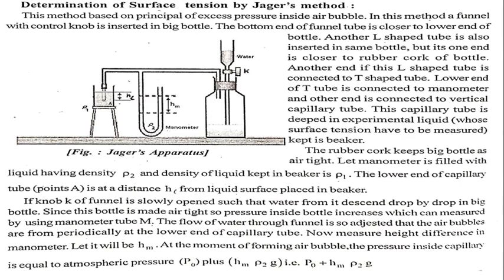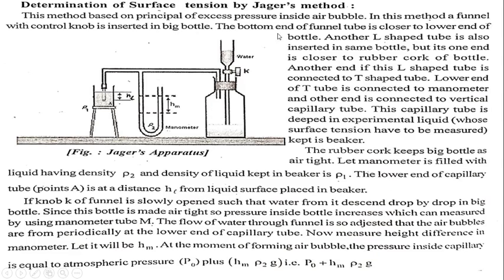The end of this capillary tube is dipped in the liquid whose surface tension we have to find out. Before attaching this capillary tube with this apparatus, we find out radius with the help of travelling microscope, and this stopping cork is used for adjusting the height of beaker.